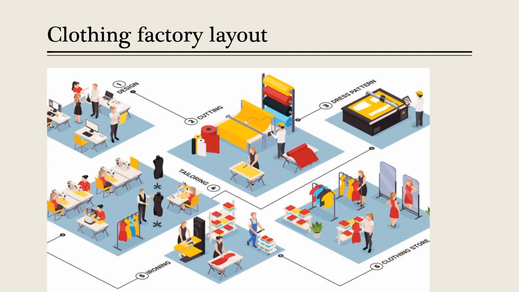And you can see the equipment and tools in different sections are grouped together to perform that process. So the unfinished product or the clothing moves from one department to the next of the production line.